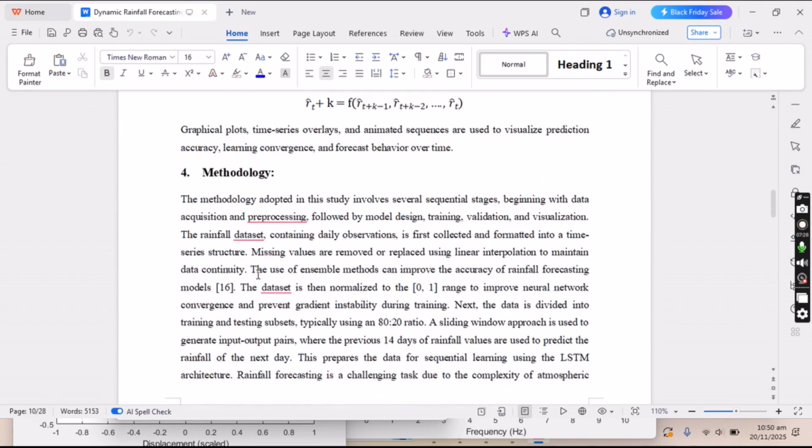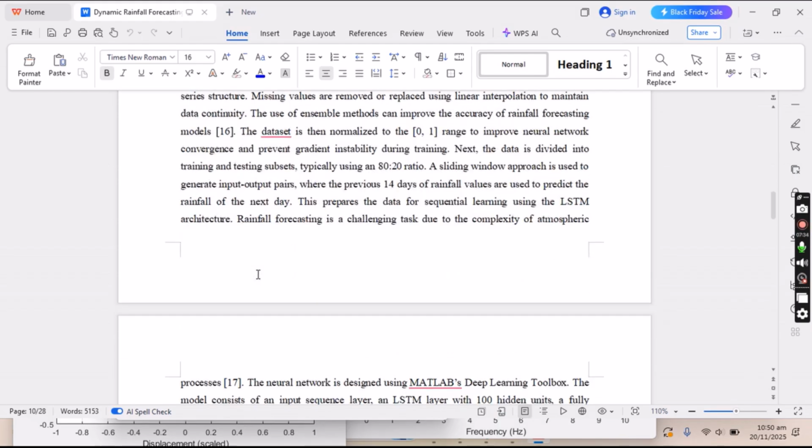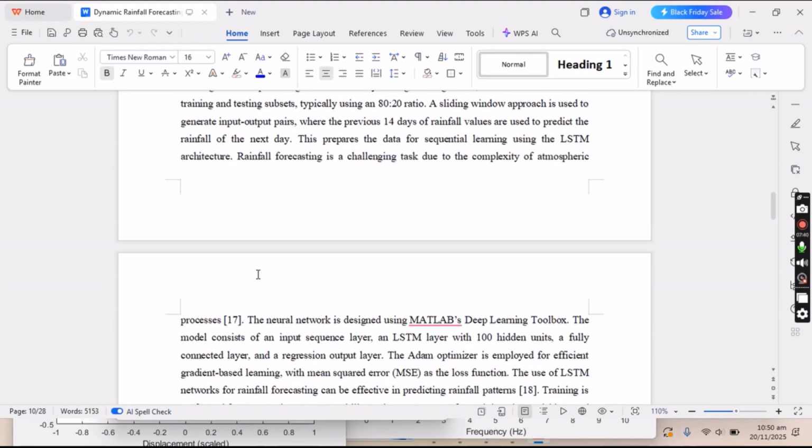So the next part is the methodology. In the methodology, we have predicted the accuracy of rainfall according to what methods we have used, what ratios, and how many days we predict using MATLAB's deep learning toolbox.